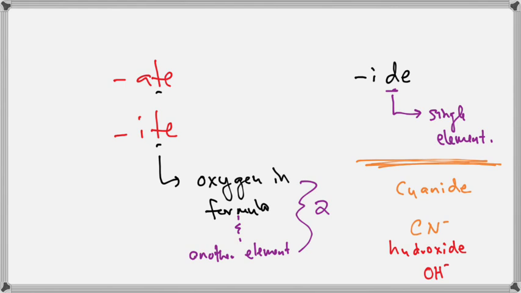Okay? What I think happens as a field is we try to come up with these rules so that we can tell people to memorize this rule so that you'll be right. Everyone goes, okay, I'm going to memorize the rule, and then you get something wrong because you followed the rule, and you go, well, stupid science has exceptions. This isn't stupid science has exceptions. This is stupid humans have exceptions. The name of a compound is not a universal truth.